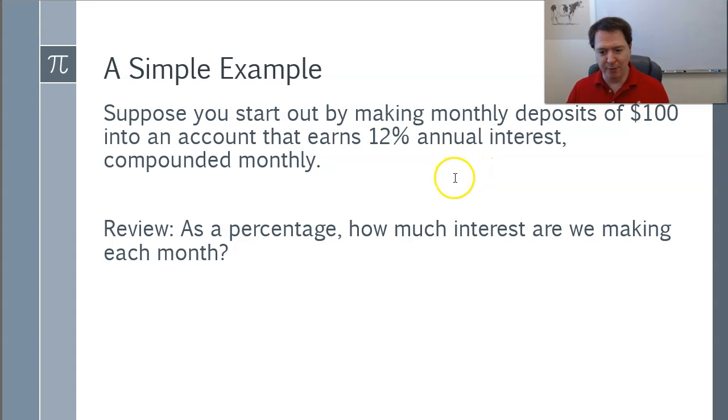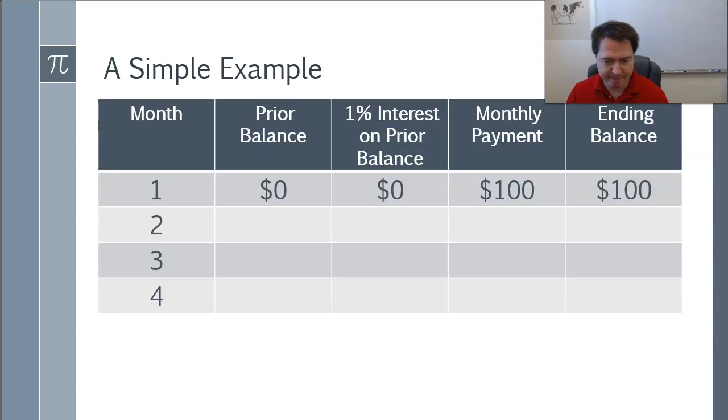How do I actually figure out what it is per month? Remember, if they say 12% is an APR, which is what we can assume here, then we just divide by 12 because it's monthly, in order to get how much we would be getting in interest per month. So we take that 12%, divide it by 12, and I get 1% per month. As we already talked about in the last section, that actually turns out to be more than 12%, but that's because of how APYs work.